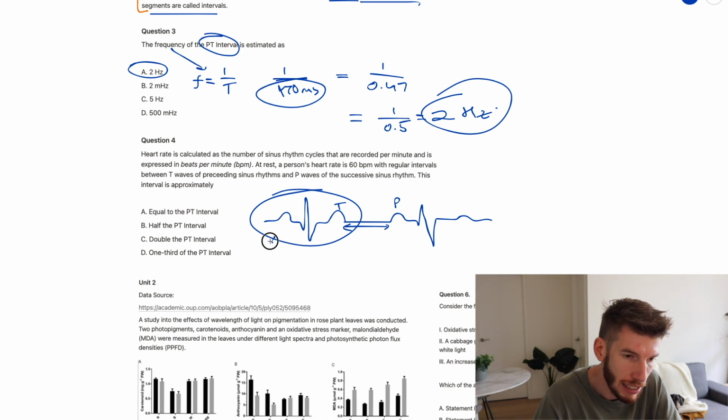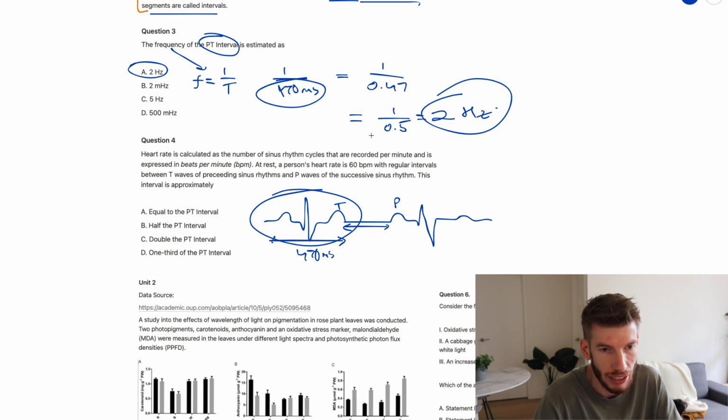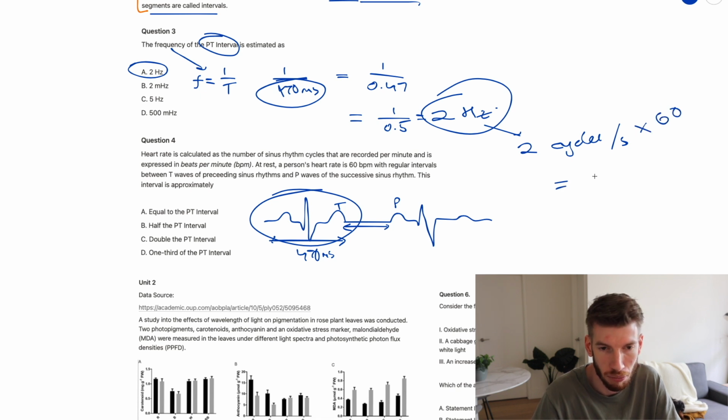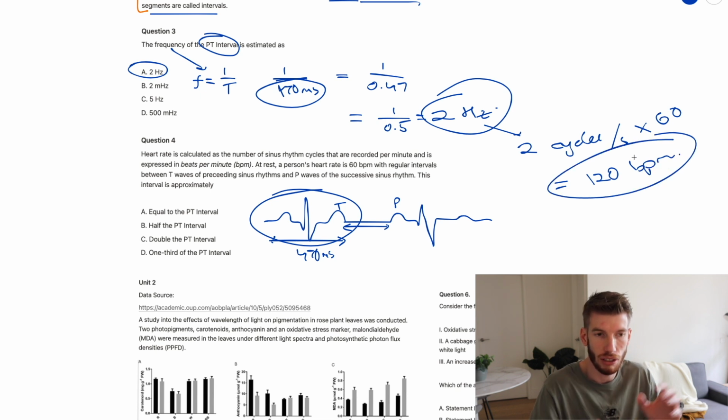So if the PT interval from here to here is 470 milliseconds, we already worked out that the frequency was 2 hertz, right? So 2 hertz would mean 2 cycles per second. If we're talking in minutes, well then there's 60 seconds to a minute, so that would be equivalent to 120 beats per minute. But that is not factoring in that there is going to be a gap.